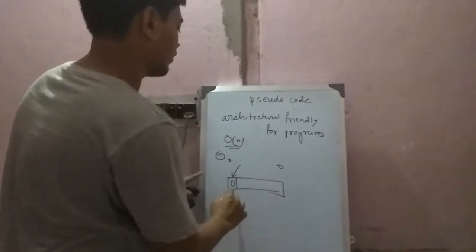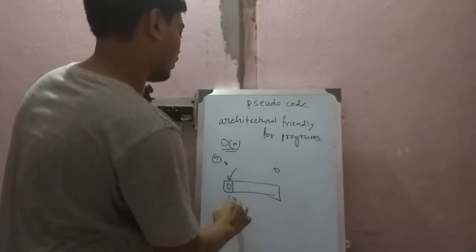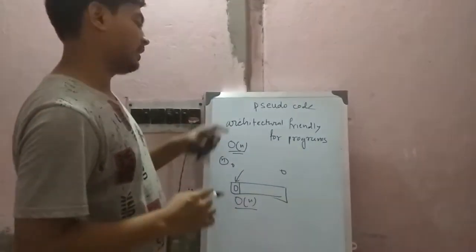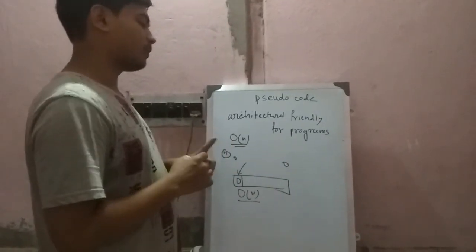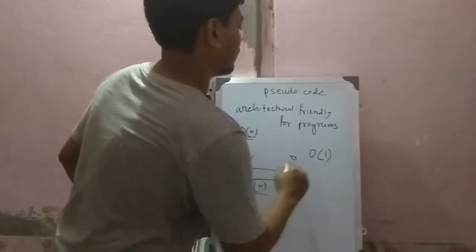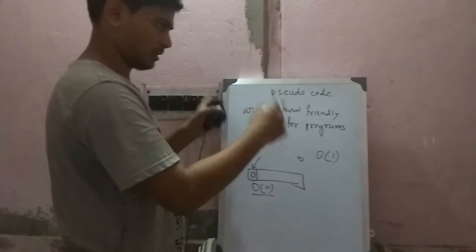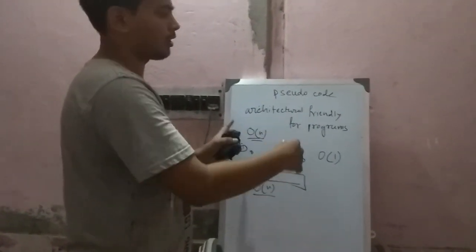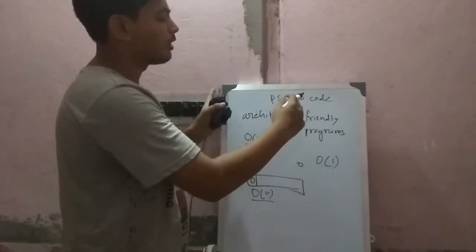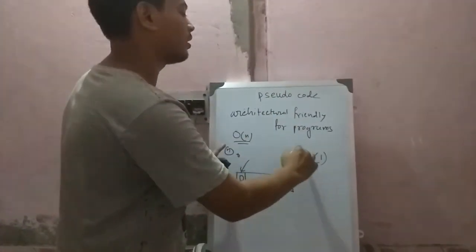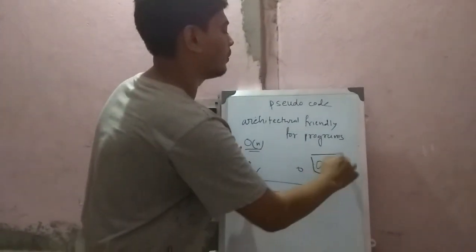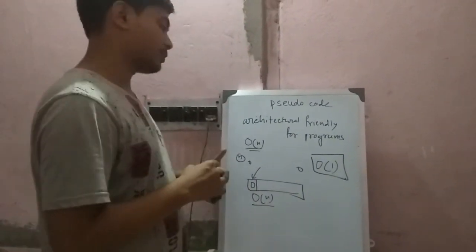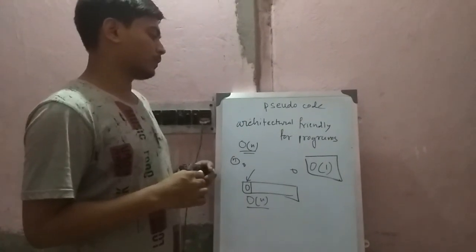So the space complexity was order of n. But quicksort is an in-place sorting algorithm, so the space complexity will be order of 1. Quicksort takes the recursion stack, but the recursion stack is of no use for manipulating or computing the input. So quicksort space complexity will be order of 1. In terms of space complexity, quicksort wins the race.